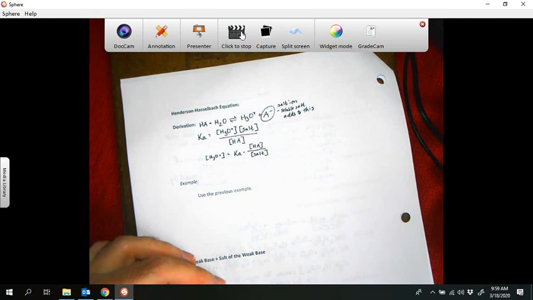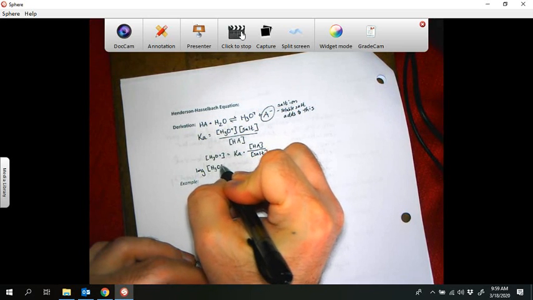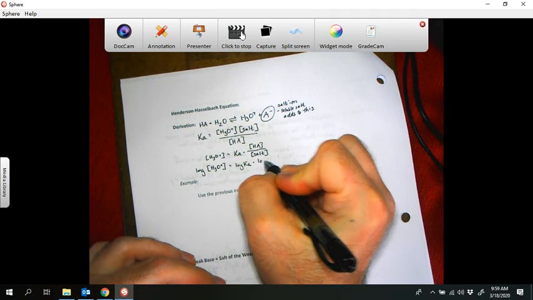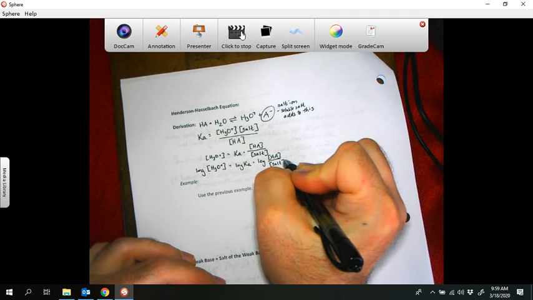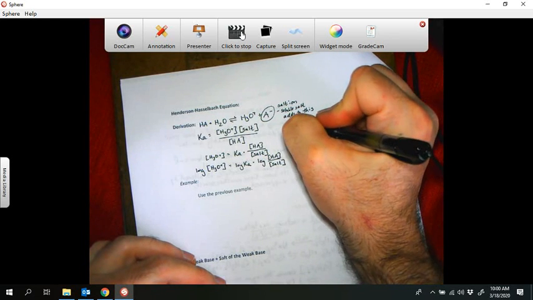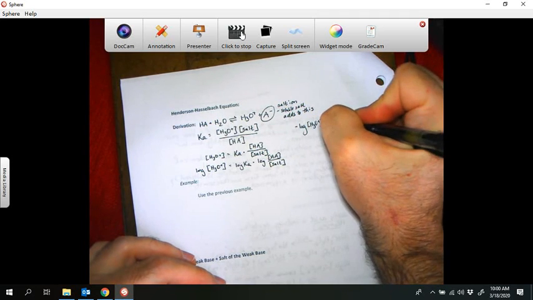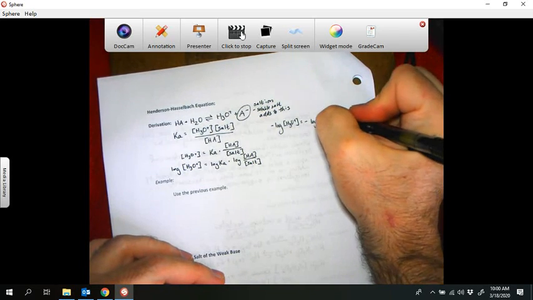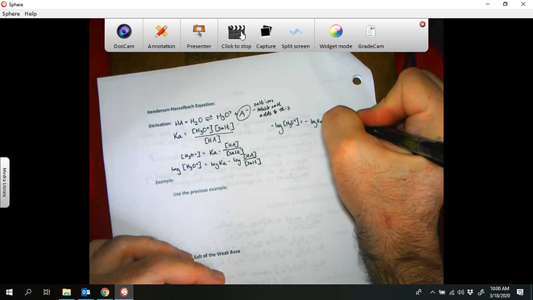If we take the log of both sides of this, we get the log of H3O+ is equal to the log of Ka plus the log of HA over salt. And if we take the inverse of that, we get the negative log of H3O+ is equal to the negative log of Ka plus the log of the salt concentration over HA.